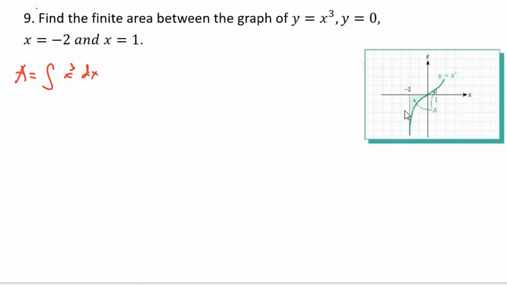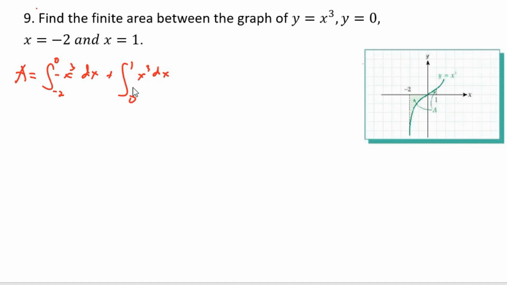But since that is in the third quadrant, below the x-axis, I will write it as the negative x cubed dx, with the interval from negative 2 to 0, plus the integral of x cubed. This is positive because that is in the first quadrant, above the x-axis. So the interval here is from 0 to 1.